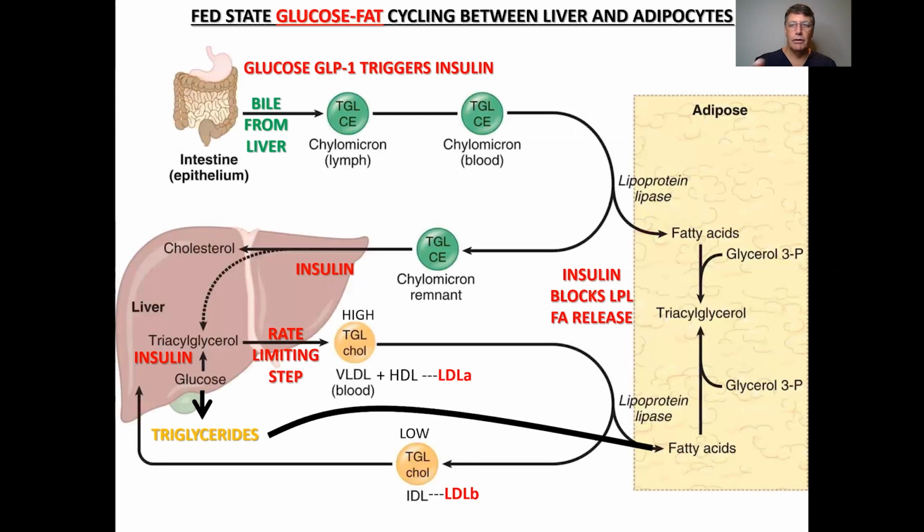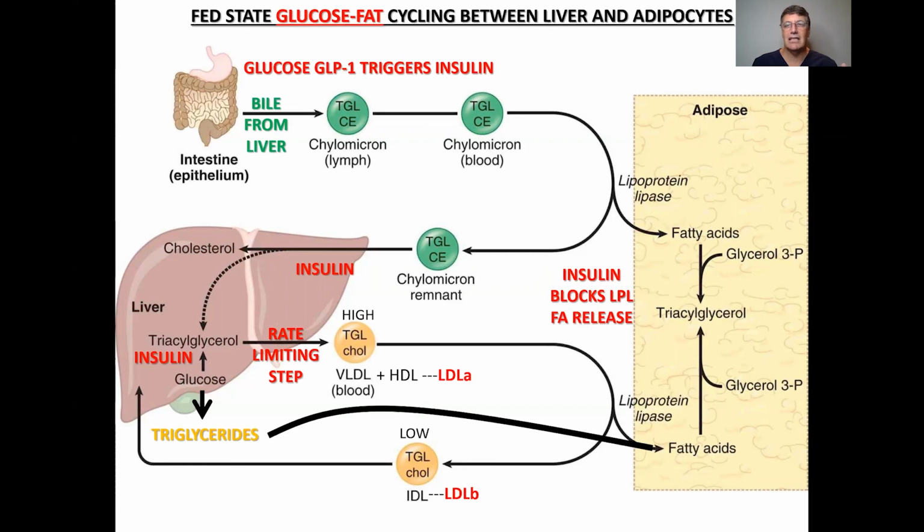Now, I'm just going to return back to the slide for 1 second. If we eat a lot more than we need, because this is the rate limiting step, some of that fat remains behind in the liver cells.